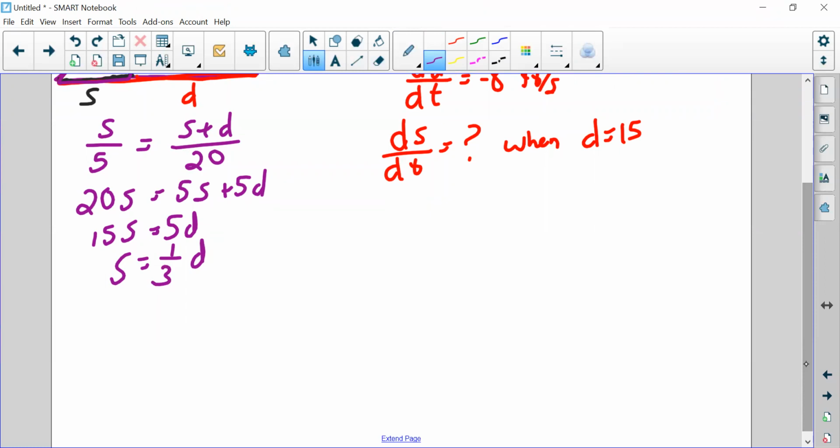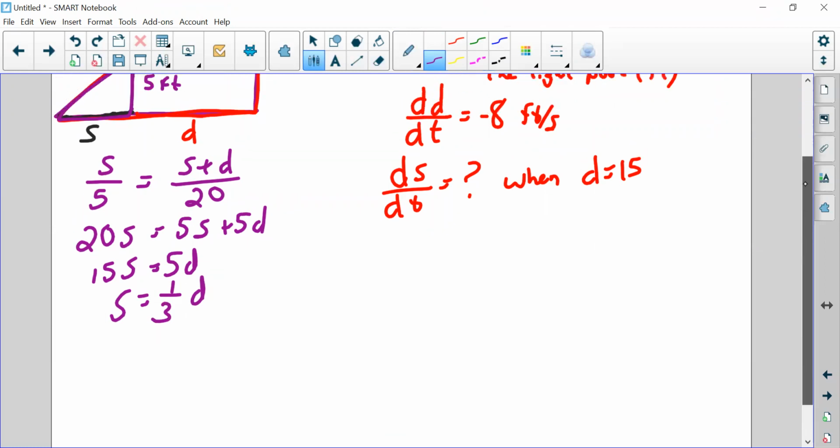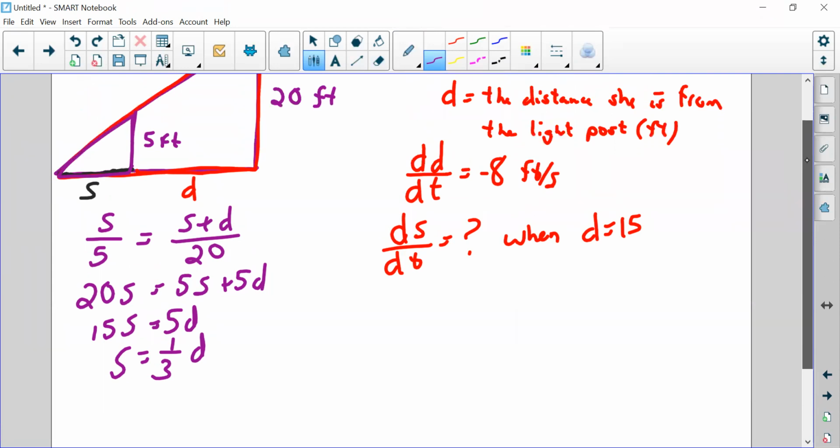So I've now found an equation that relates only the two that I need: the D variable that I have a rate of change for, and the S variable that I want the rate of change for. So now my next step is to differentiate.